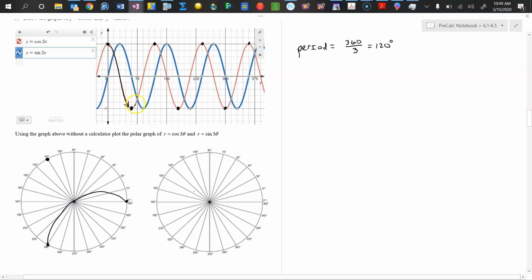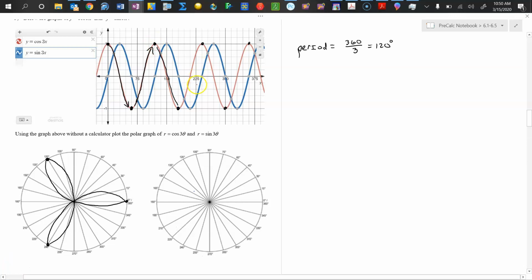Between 60 and 120 degrees, we can see from the graph up above that r is going to go from -1 to +1. So our graph in our polar system is going to go like that. And we can continue on in that manner, going between +1 and -1 until we get back to that point right there, which is at 180 degrees.